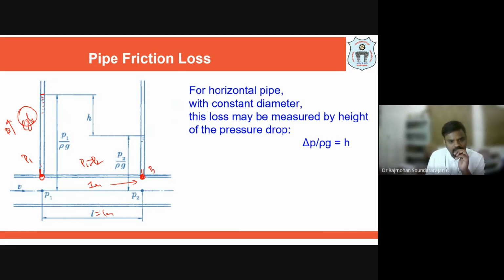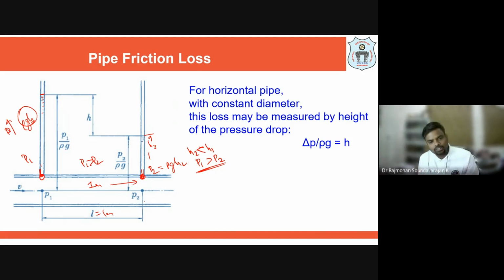So the pressure at point 2 is P2, which is equal to rho g H2. We can always note that H2 is less than H1, because we are going to have pressure 1 greater than pressure 2. That is, pressure at location 1 is always higher than pressure at location 2 because there is friction loss, head loss due to friction. That's what we are going to do in this experiment, right?